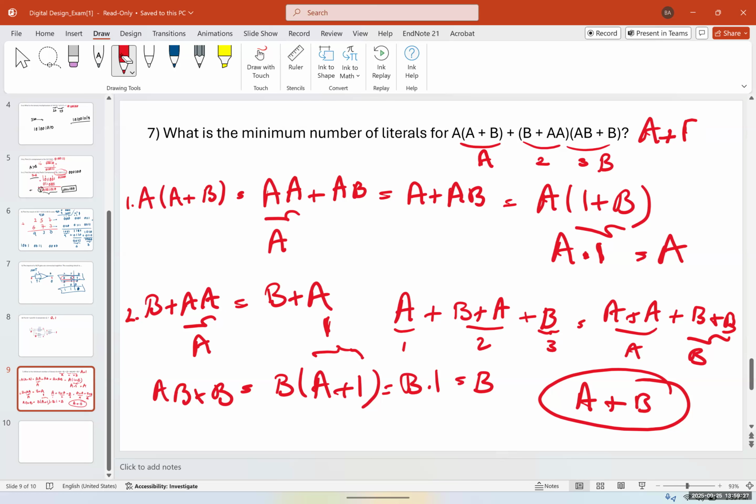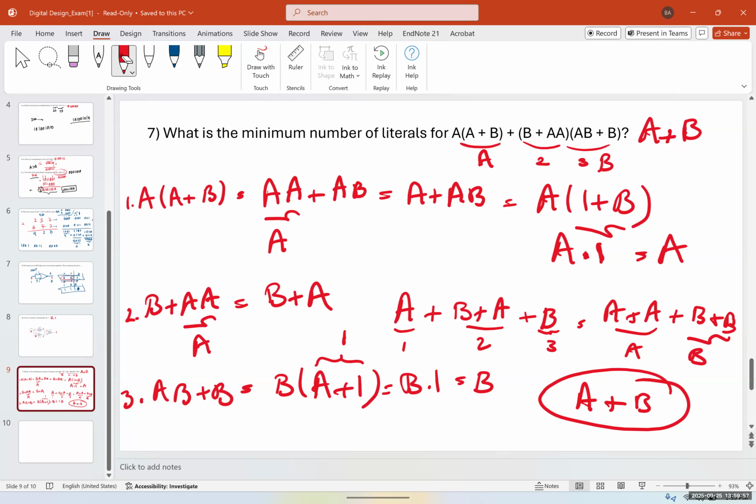So the final answer would be A plus B. Is it clear? Yes? Okay.